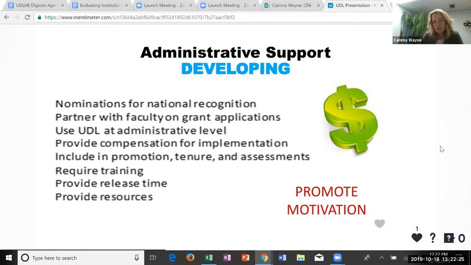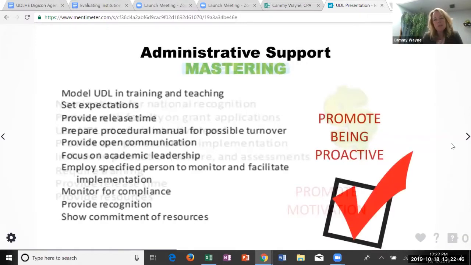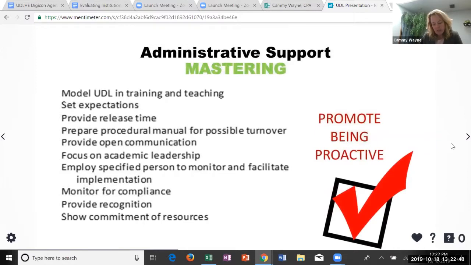Administration should also start using it themselves. In a meeting or training that has to be done, if they use UDL, others will see the opportunity and the benefits that it provides. So again, if they can practice what they preach, it's going to be helpful. And I know a lot of you didn't say you were at that mastering level, but we're all trying to work towards that level.